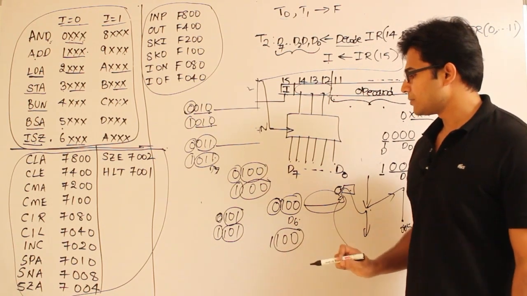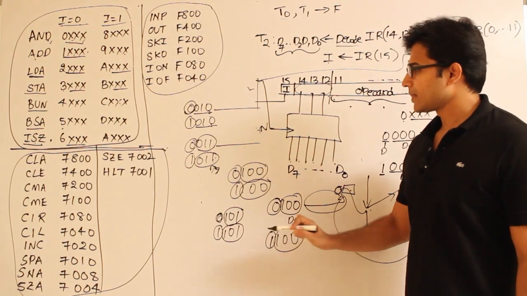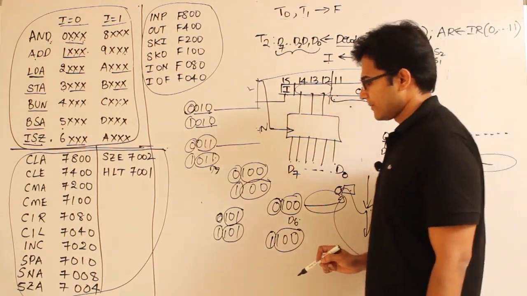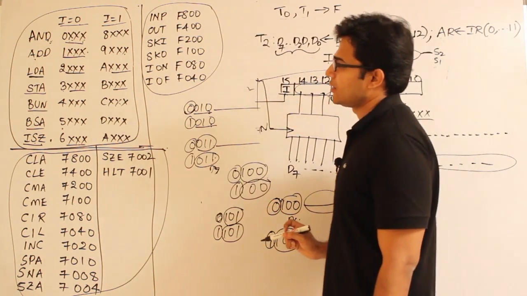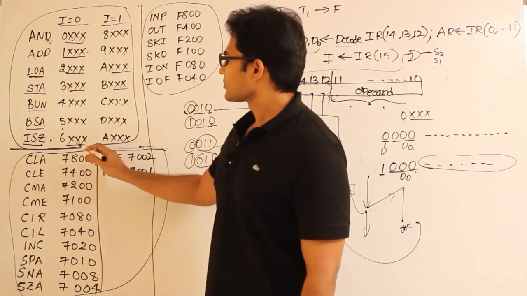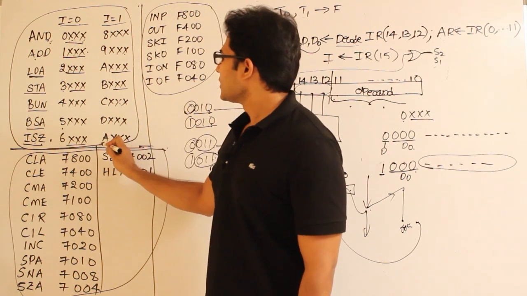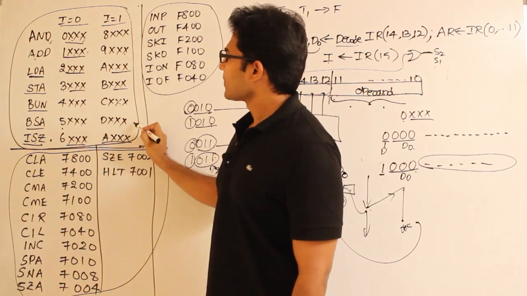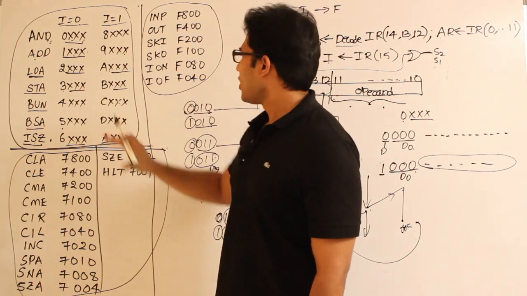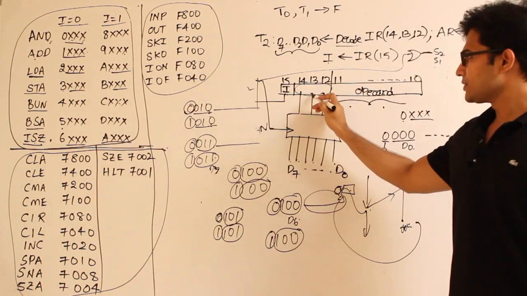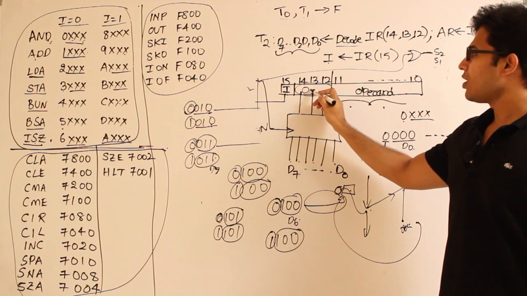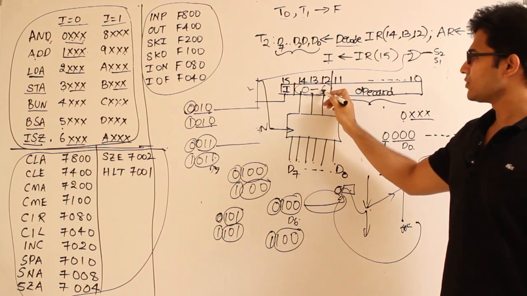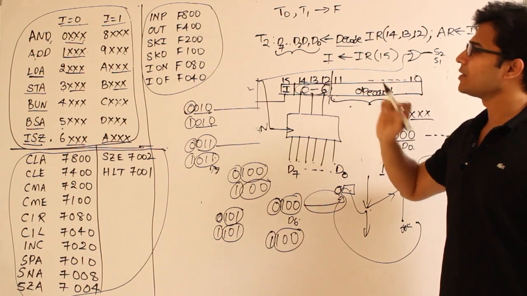So this is giving us D6, and this one is giving us that it is indirect. Got it? So this is increment and skip. So if you watch it, all these instructions have in these 3 bits either 0 or 1 or 2 or 6, which means from 0 to 6 they are having some number.